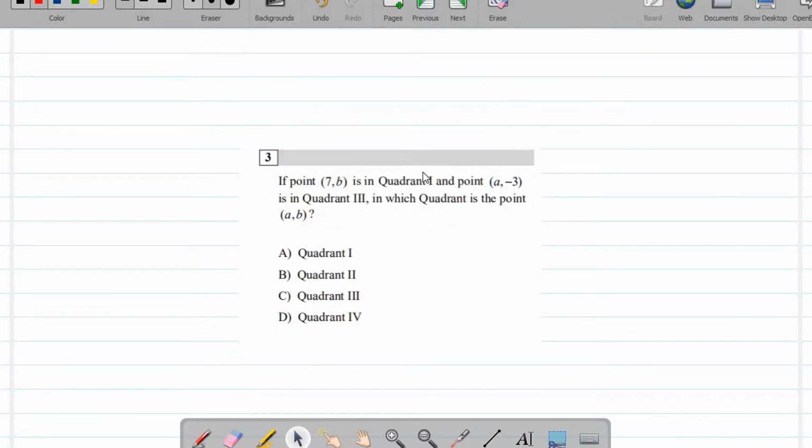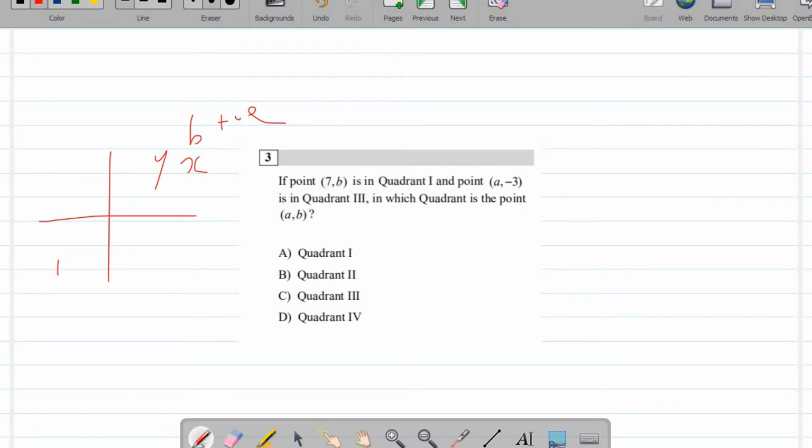Let's look at what we're talking about. It says point (7, b) is in quadrant 1, and point (a, -3) is in quadrant 3. From this, we know that (7, b) is in quadrant 1, so it's at this point here. At this point, y and x are positive, so b is positive. Then point (a, -3) is in quadrant 3.